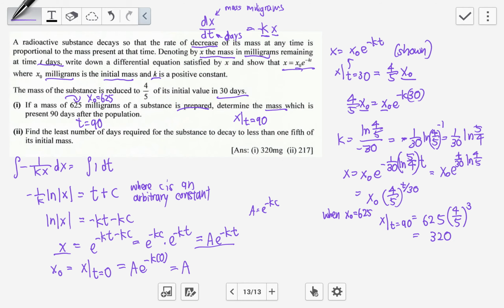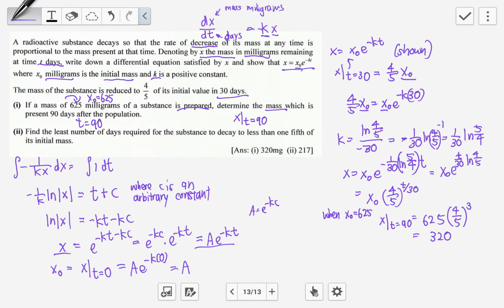So does it make sense? If the mass in the beginning was 625, and this is a decreasing substance, so after 90 days it seems reasonable that the mass decreases to 320 milligrams.